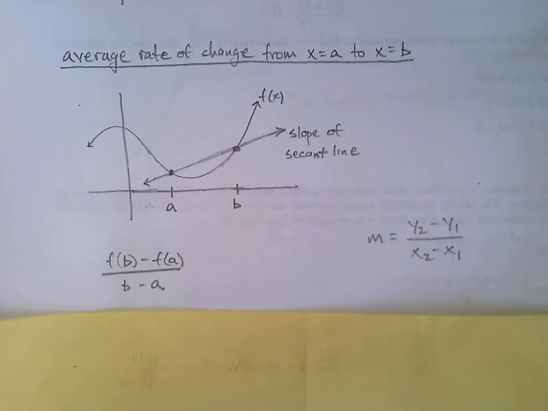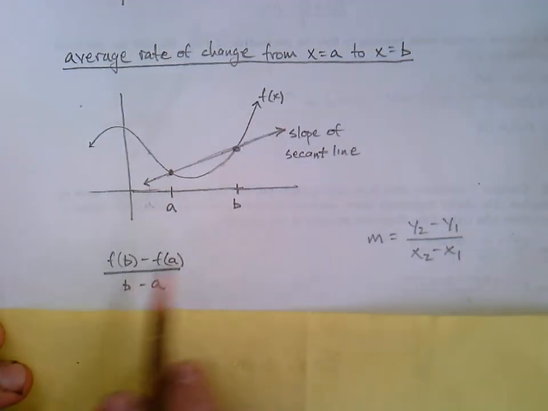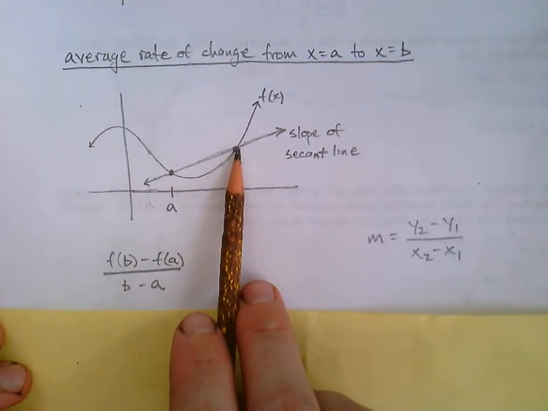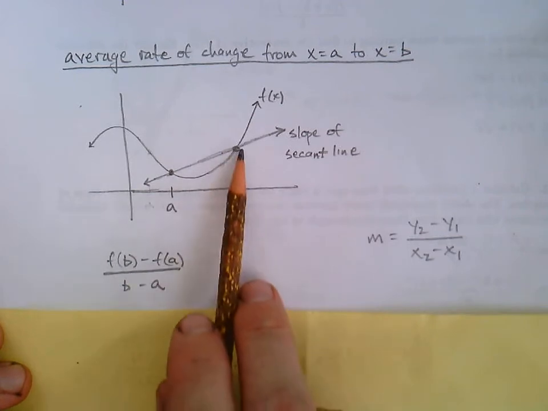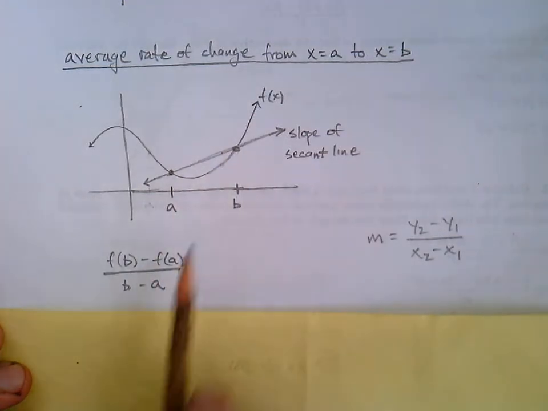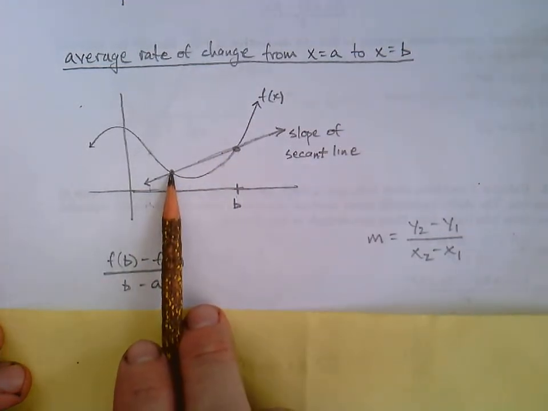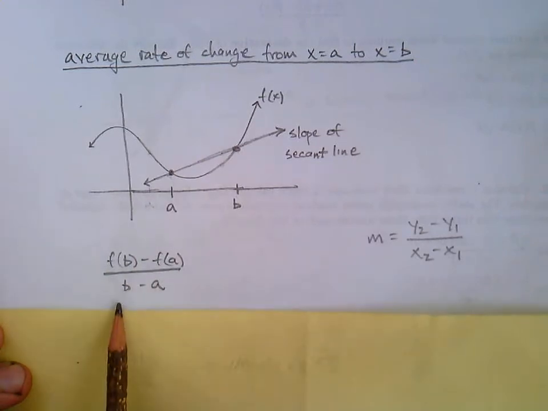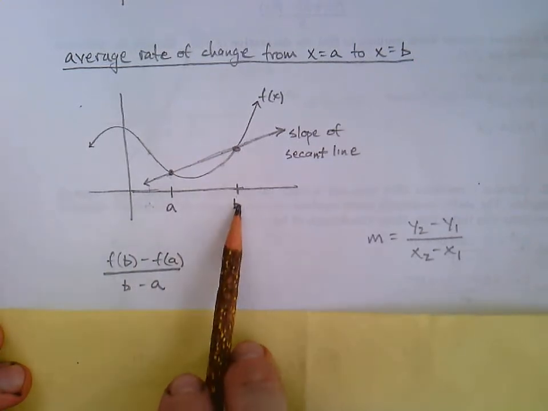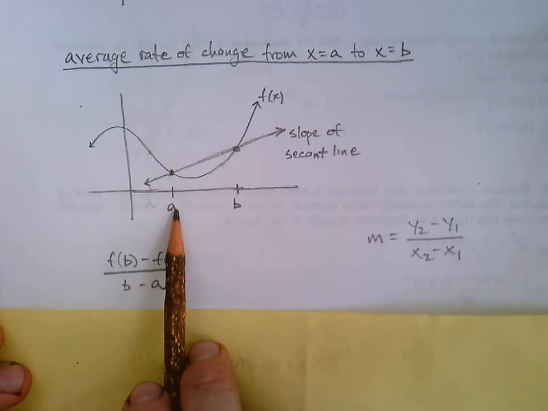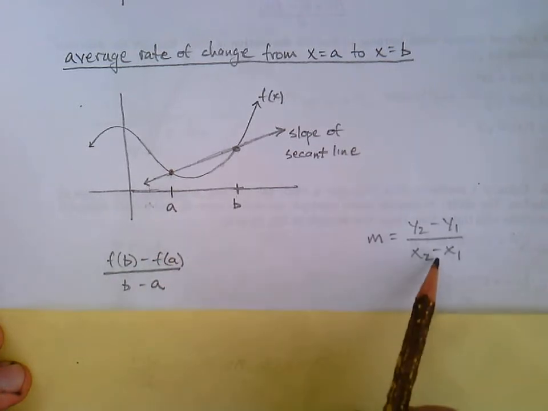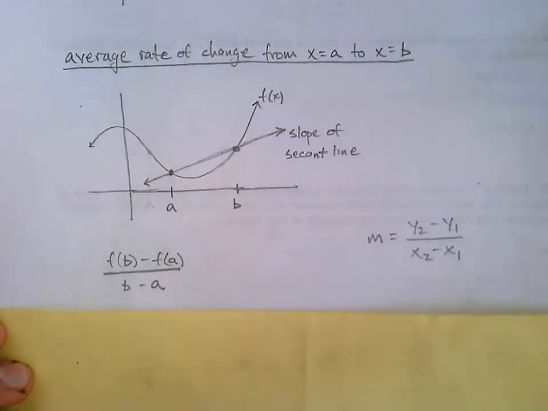So if we were thinking of it as a function and the points a and b, then you could say this right here. y2 is the y value there, that's f of b. y1 is f of a, the function value at a, over x2 would be b, x1 is a, so b minus a. It's that exact formula, but written a little bit differently, in a function sort of form with a and b.